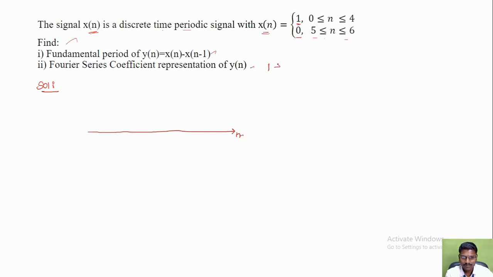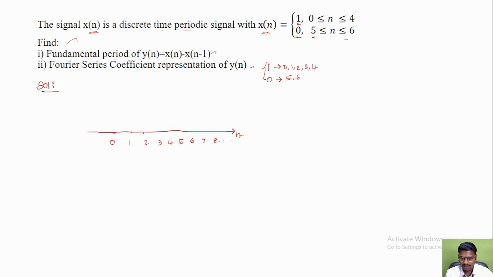is for the samples 0, 1, 2, 3 and 4. Similarly, the amplitude 0 is for the discrete samples 5 and 6. Let me draw these samples in this representation. So let me start with 0, 1, 2, 3, 4, 5, 6, 7, 8.